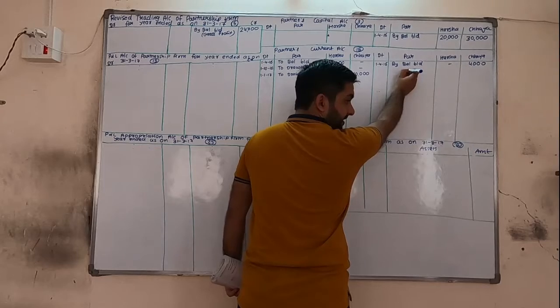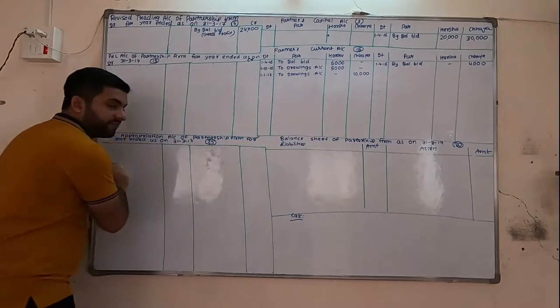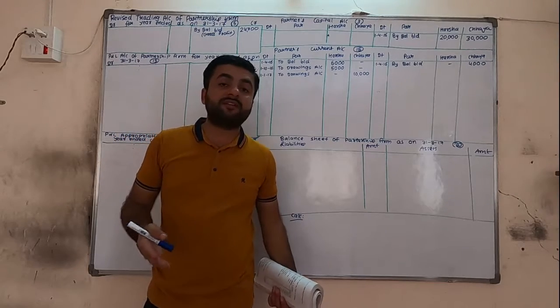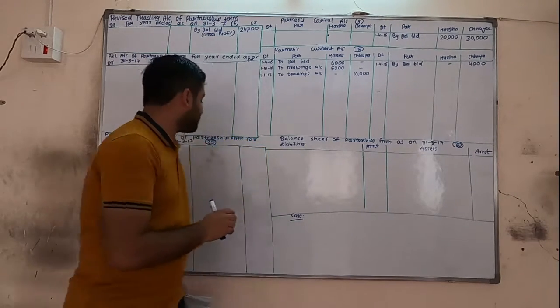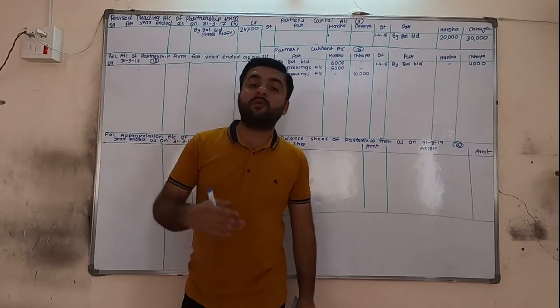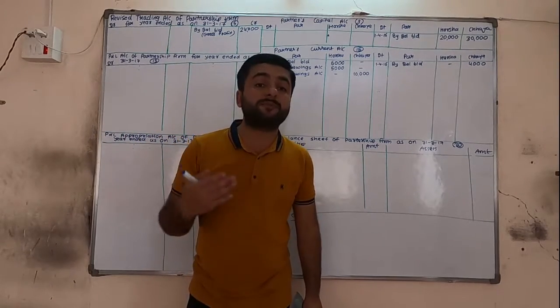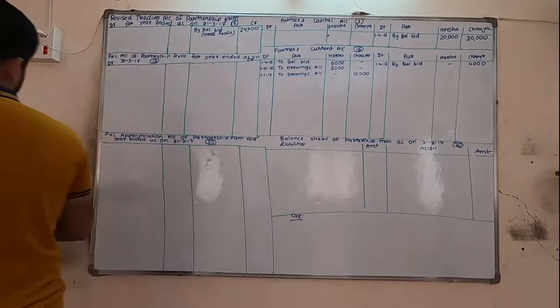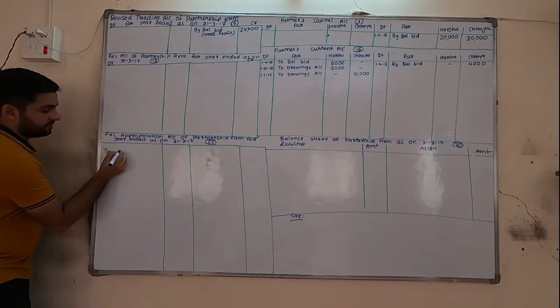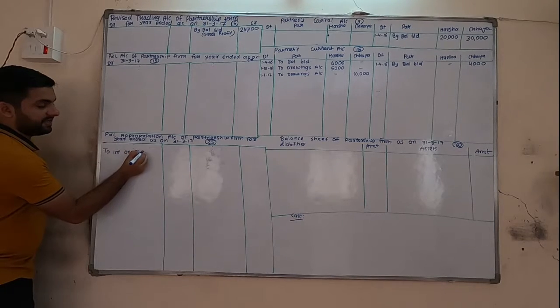Credit side of current account, debit side of appropriation. Now in the book, which balance is given, debit or credit? It is given in debit balance, so it will be shown here. And also we need to calculate more interest, so we will keep space for it. So how to write? To interest on capital.